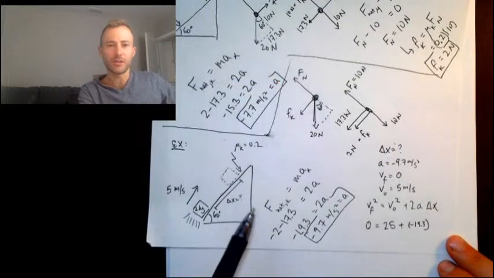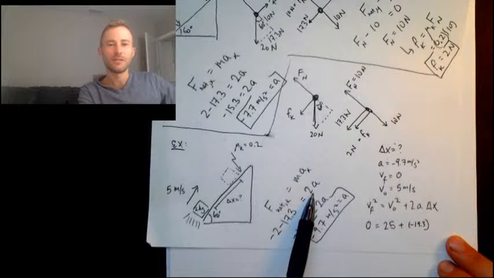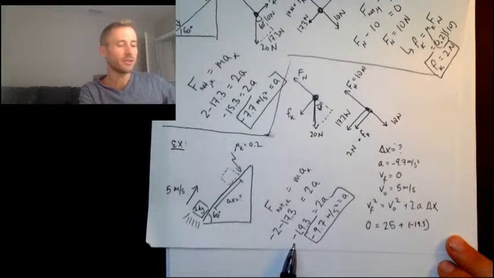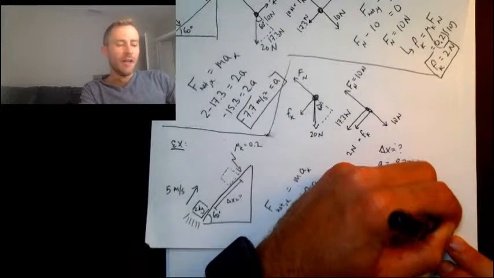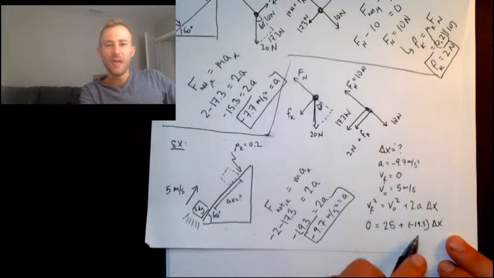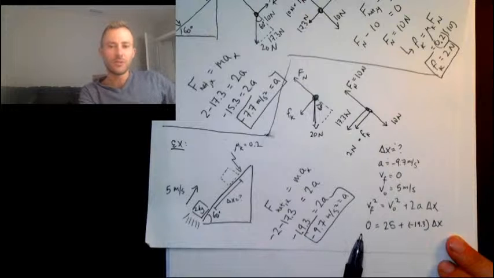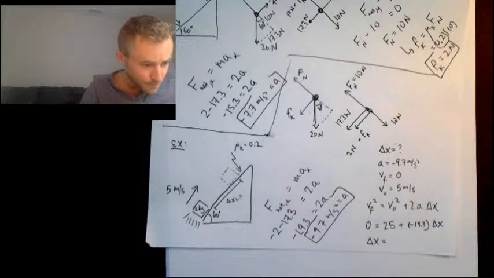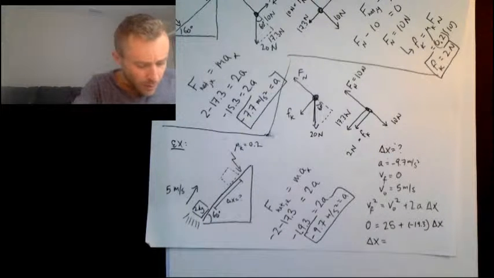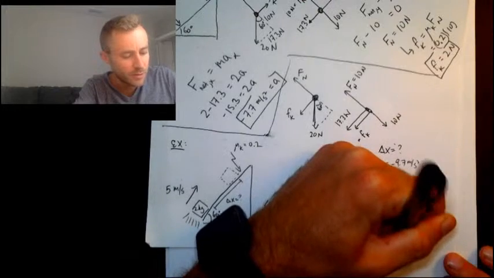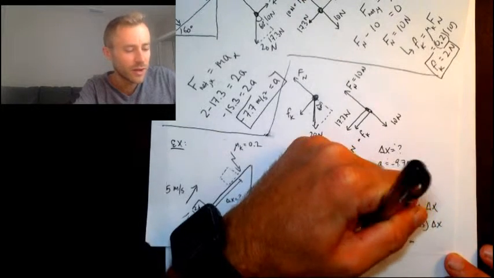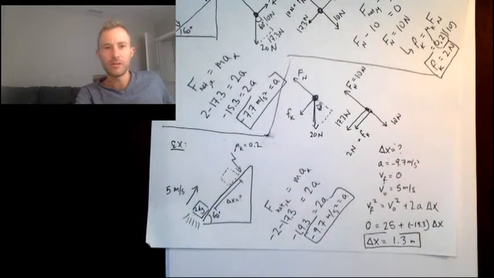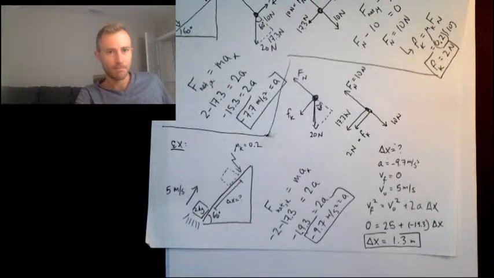I just know that because I multiplied by 2a here, and I know that that's equal to 19.3. And then we add 19.3 delta x to both sides, and we get that delta x equals about 1.3 meters. So it's going to slide up the incline 1.3 meters and then come to a stop. All right?